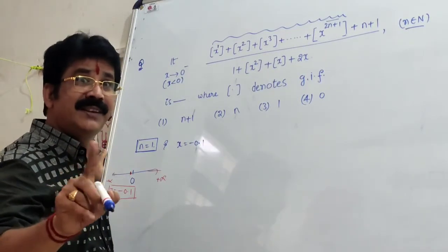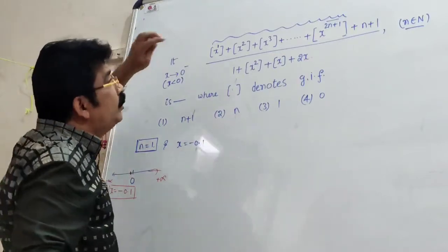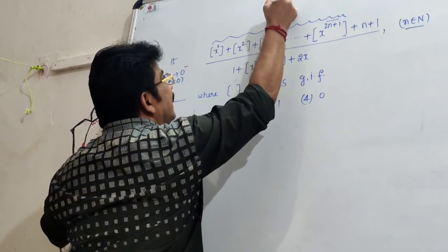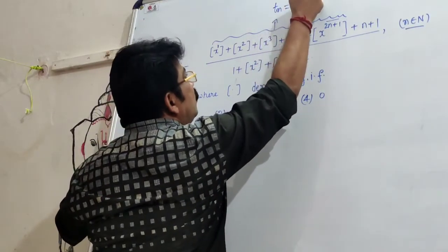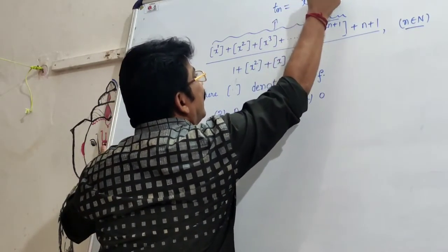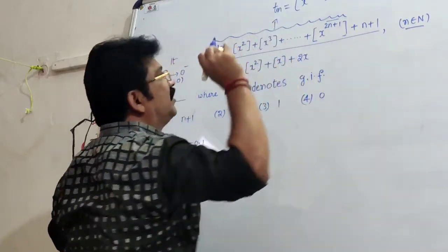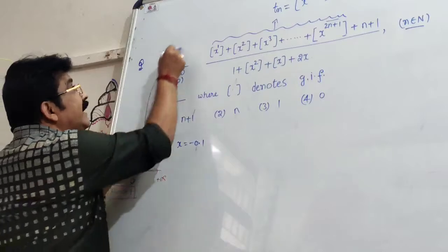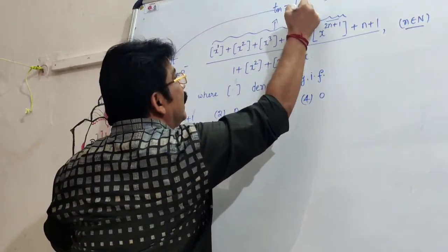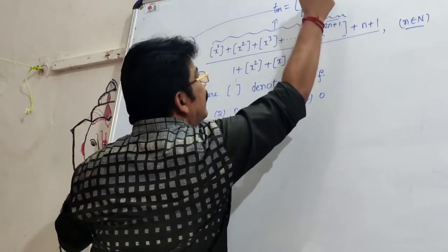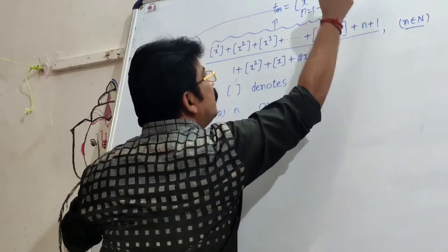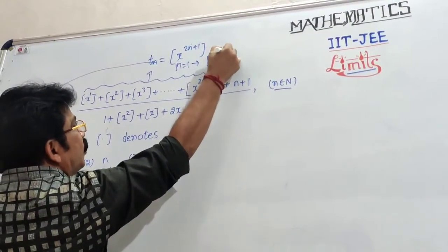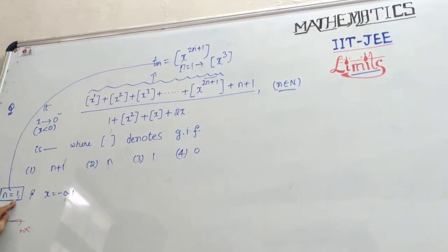No, it is not in the same sense. Put n equal to 1; actually its last term is x to the power of 2n plus 1 in the box. If n is equal to 1, then it becomes box of x to the power of 2 into 1 plus 1, that is 3, x cubed, like that.